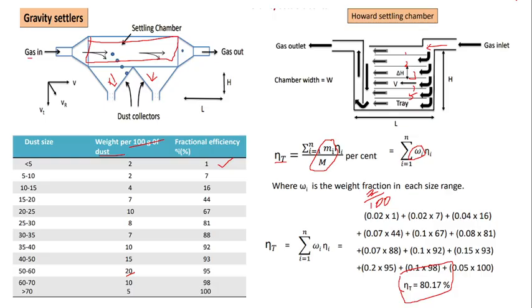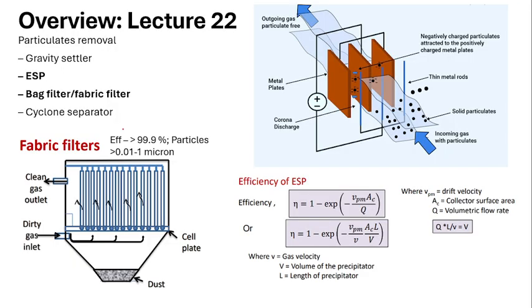So the previous lecture was about the gravity settlers, and lecture 22 is about the ESP, which is the electrostatic precipitator, and the bag filter or fabric filter. So this is the working diagram of the electrostatic precipitator. This is a highly efficient one.